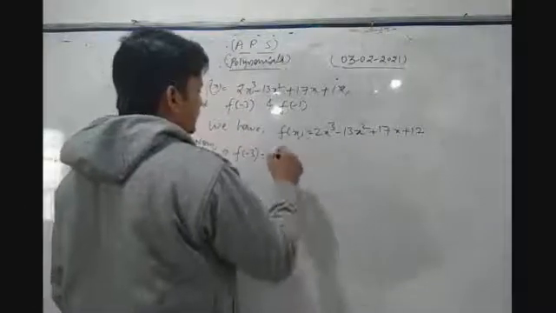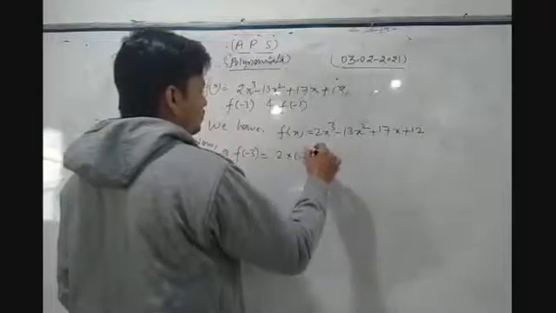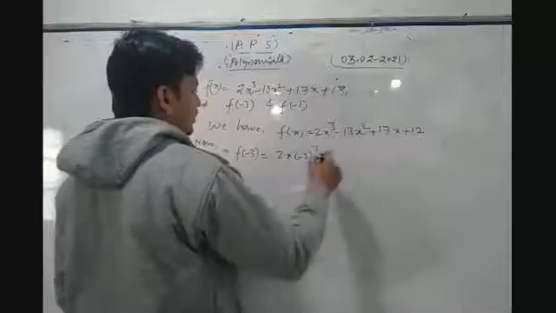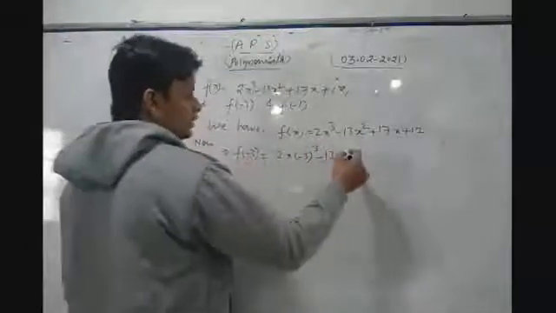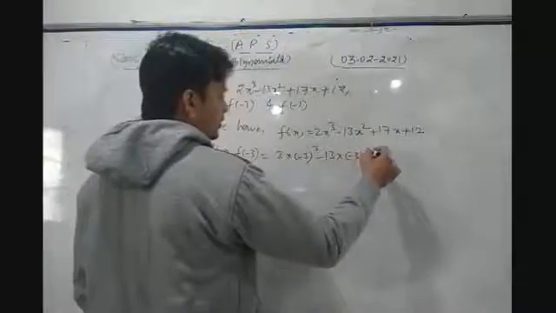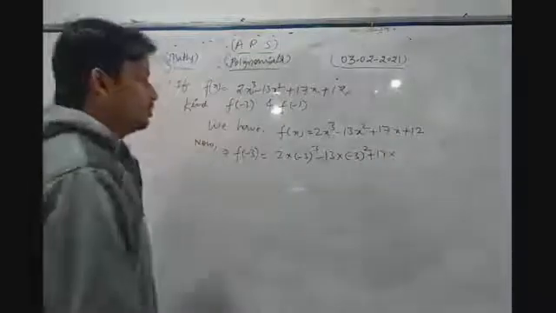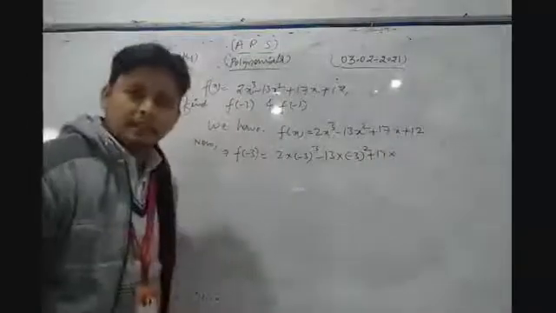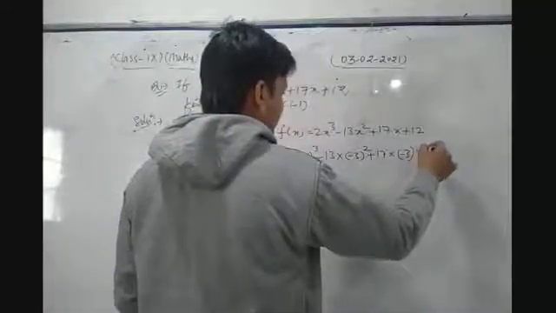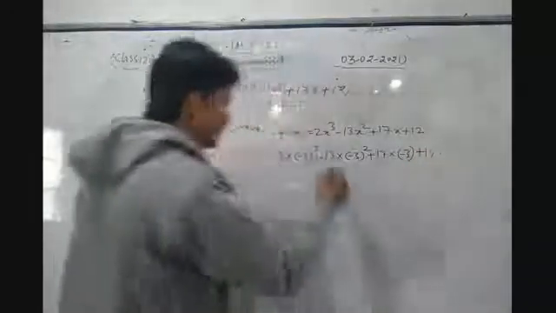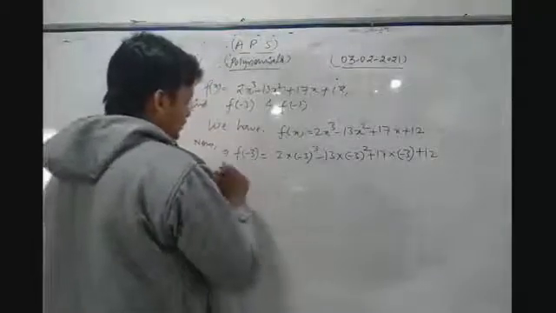So we get 2 into minus 3 whole cube, minus 13 into minus 3 whole square, plus 17 into minus 3, and plus 12 as it is. Now we simplify them.